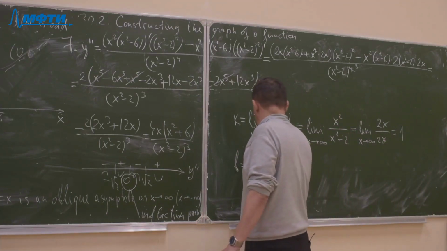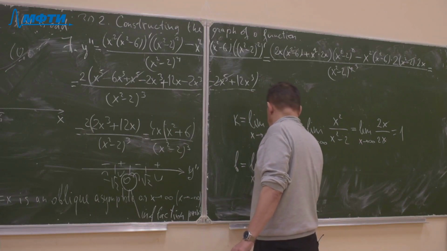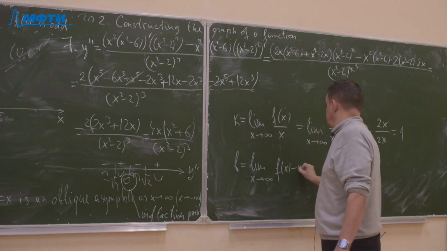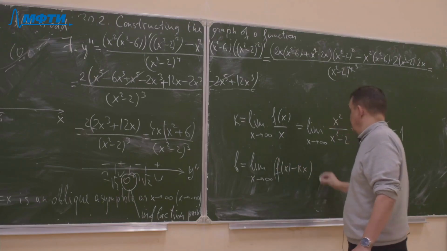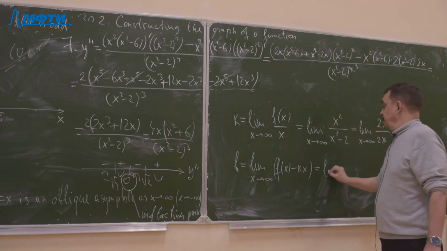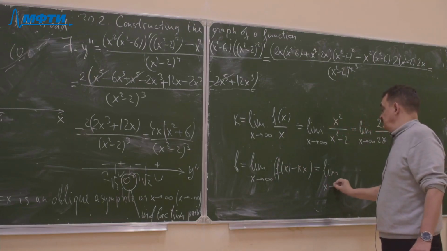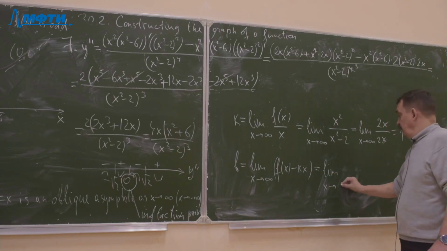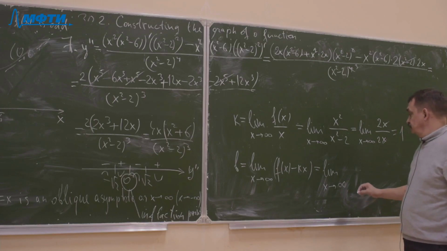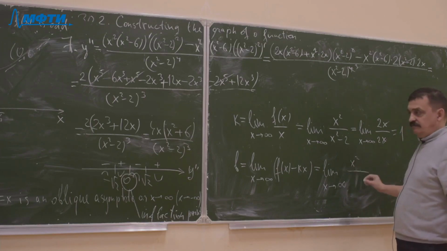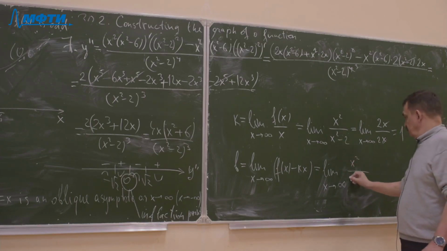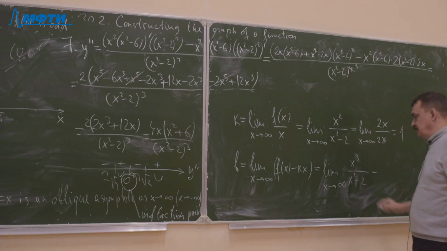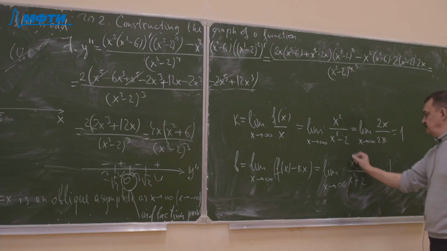And b, which is the limit as x tends to infinity of f of x minus kx, that is the limit as x tends to infinity of x squared over x squared minus 2, minus x.